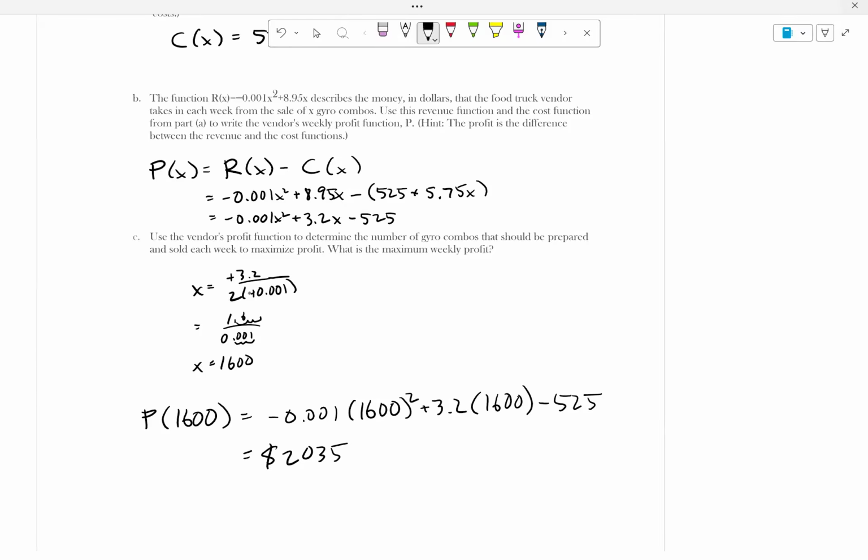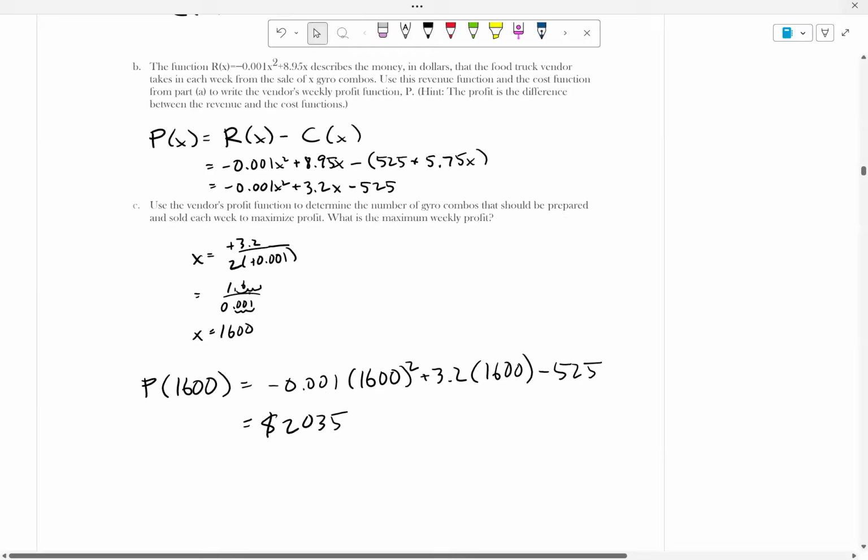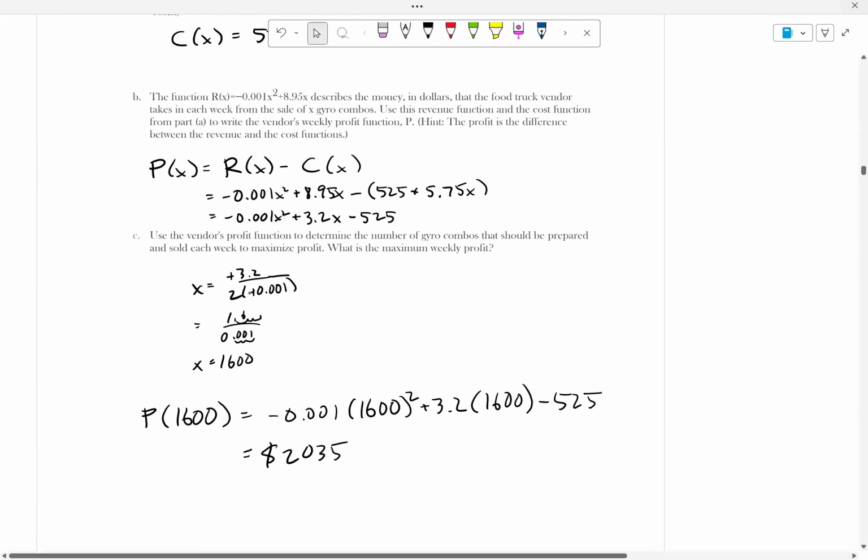And again, these are word problems. So if this were a test or quiz, you'd be expected to say they have to prepare 1,600 combos to get a maximum profit of $2,035 or something like that. Okay, I hope that all makes sense.